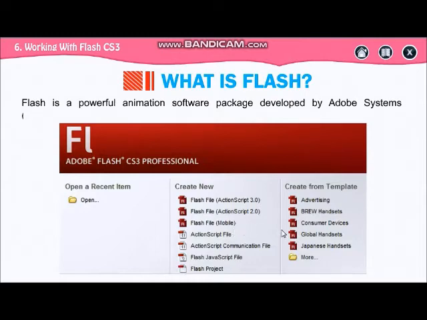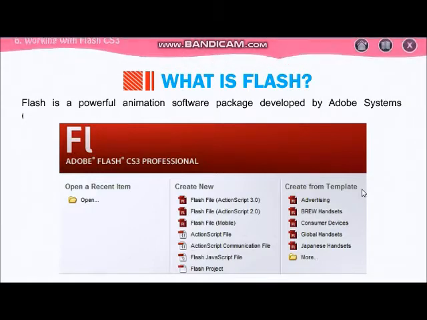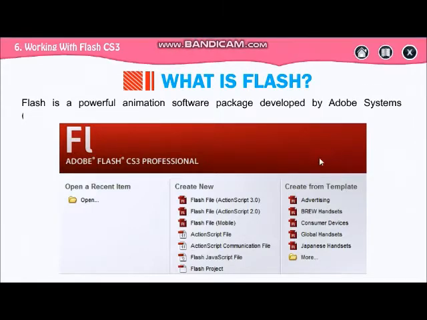If you want to do something for your mobile, Flash file for mobile, then ActionScript file. So these are the different types of files and there are some templates also, means temporary ready-made options are available for different things.